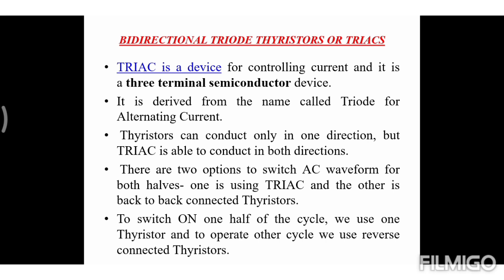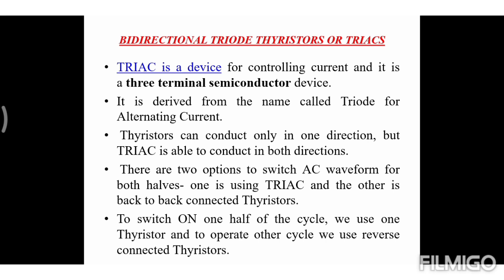Up to now we have seen that the SCR is a unidirectional device, but if you want to conduct in both directions, in that situation we can use TRIACs. Why? Because the TRIAC is a bidirectional device.